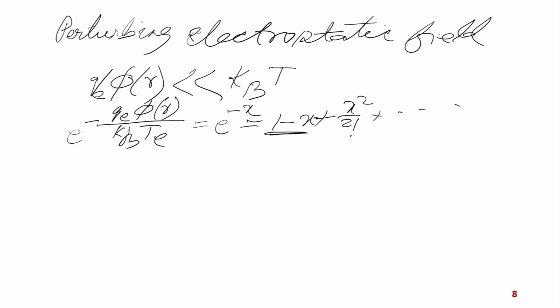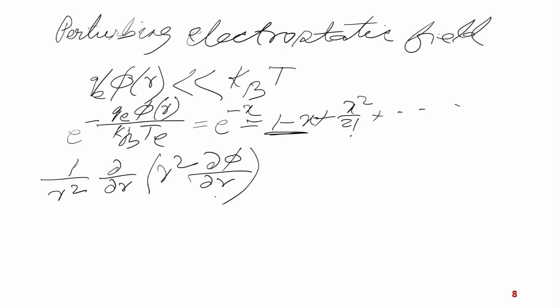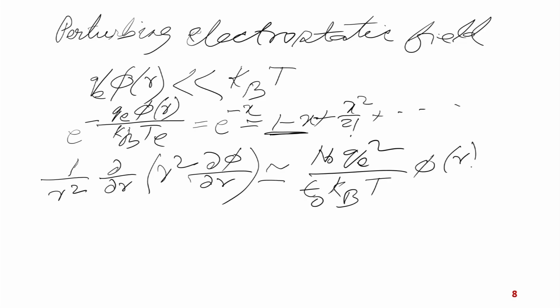Then my equation becomes the differential equation 1 by r square, del by del r of r square del phi by del r, equal to q e square divided by epsilon 0 k B T times phi r, or I can write this as 1 by lambda D square times phi r.